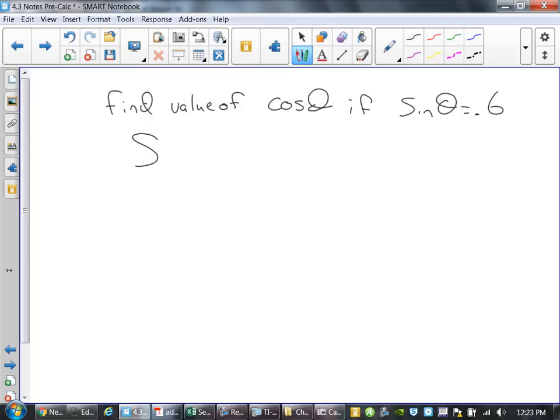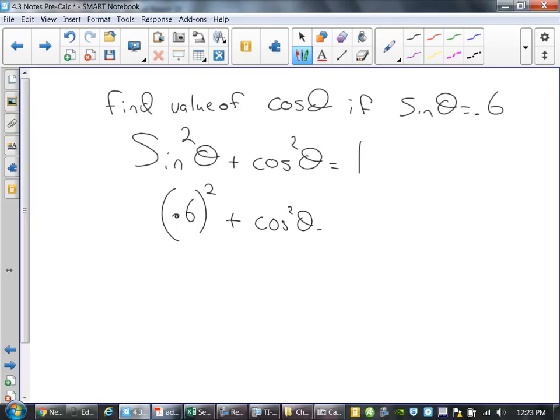If I use this, that's some equation that has some value. Do you agree? So, you substitute in. Well, 0.6 squared plus cosine of something squared is 1 squared.